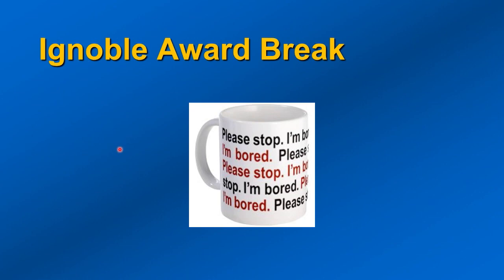This is a good place for me to take a break. Let me lead into that break with this little slide. This is a cup from the Ig Nobel Award celebration. It happens most years, probably won't happen this year.